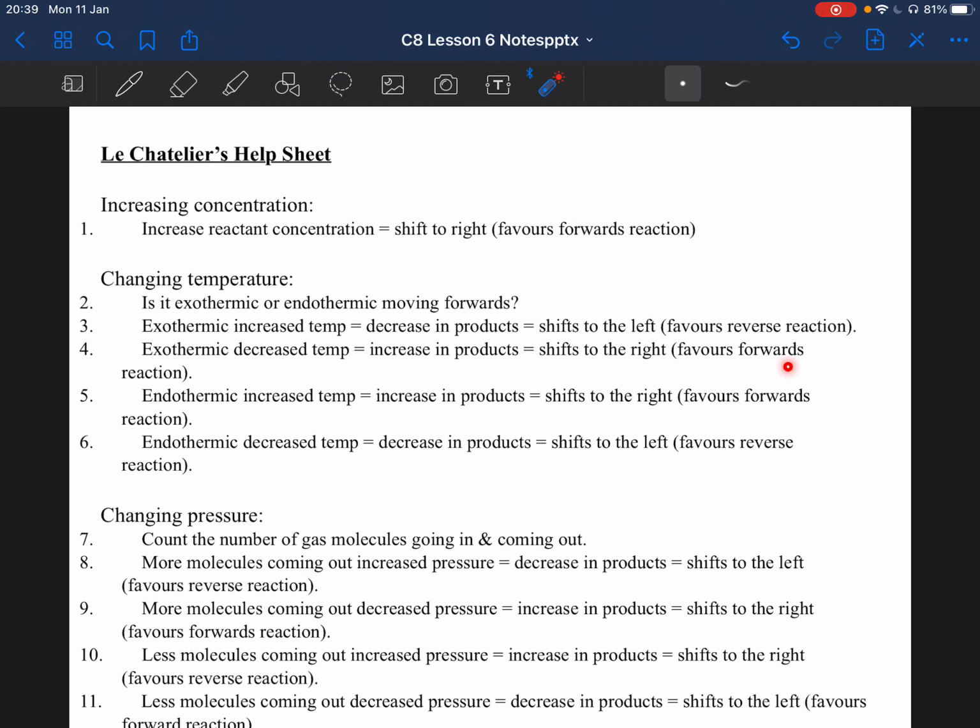So that shifts to the right and favours the forwards reaction. As you can see, if you can work out what they are asking you, you can then ask yourself these simple questions and they should lead you to the correct answer. Eventually, you won't need to use these anymore, because you'll be so used to asking yourself those questions, you will get there without this helping you.